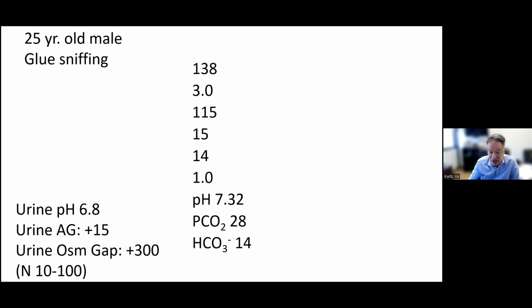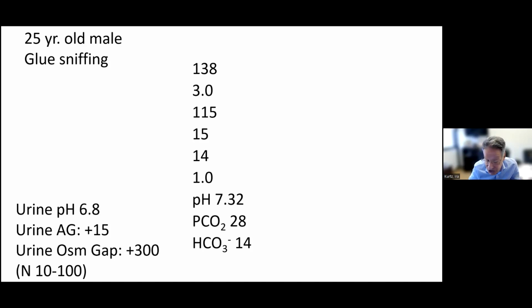It'll look like a non-gap metabolic acidosis, even though the cause was an anion gap type metabolic acidosis. The blood pattern is hyperchloremic or normal because you got rid of the hippurate. But in the urine, if you're looking at urine anion gaps, you're going to end up with a potentially positive urine anion gap, not because the unmeasured cations went down, but because the unmeasured anions went up.